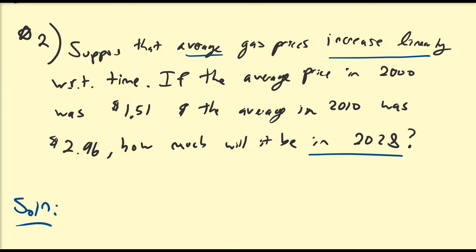All right, so what we're going to do is this. So let's see, 2010, that's a really big number, so I definitely don't want to work with a model that has really big numbers in it. So what I'm going to do is I'm going to let t equal to 0 correspond to the year 2000.